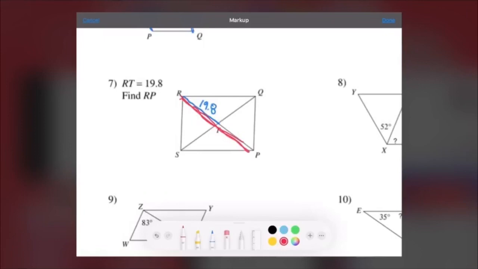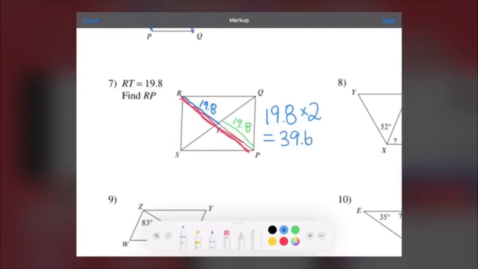So whatever RT equals, we know that TP is equal to the same thing. So this is also 19.8. So all we have to do to find RP, 19.8 times 2, and we get 39.6.